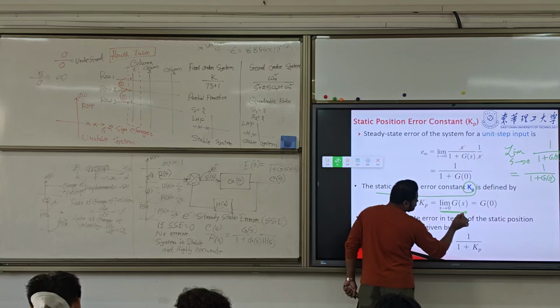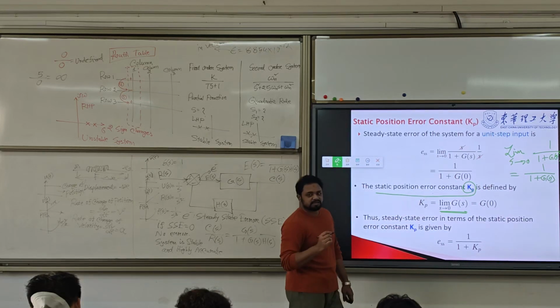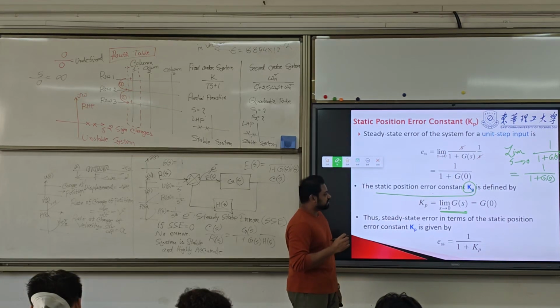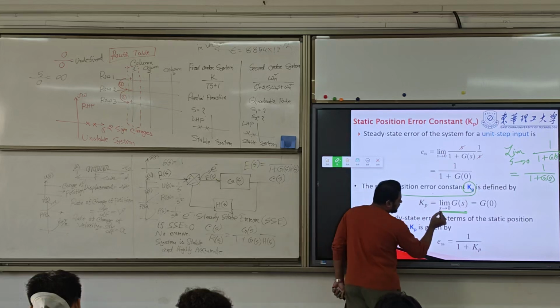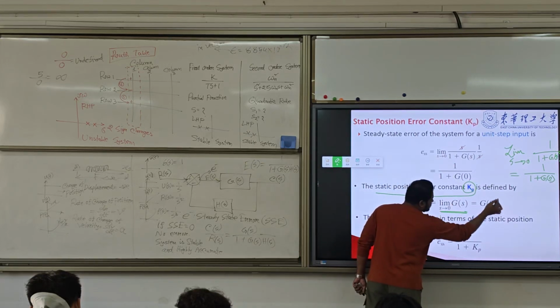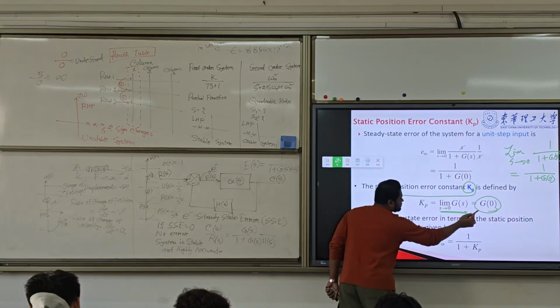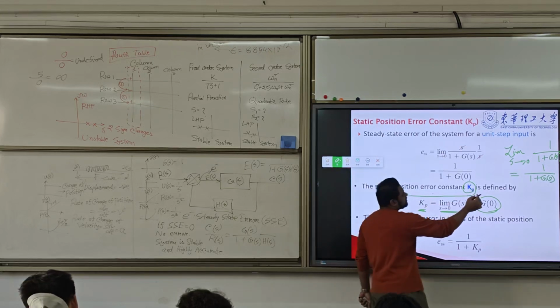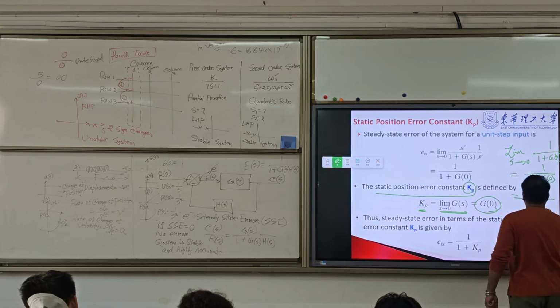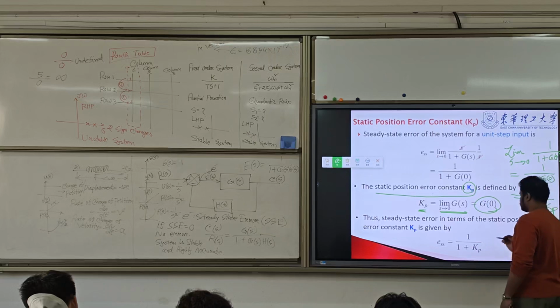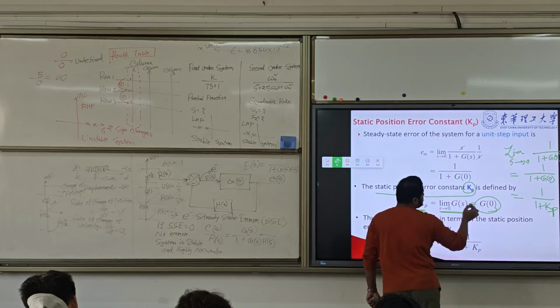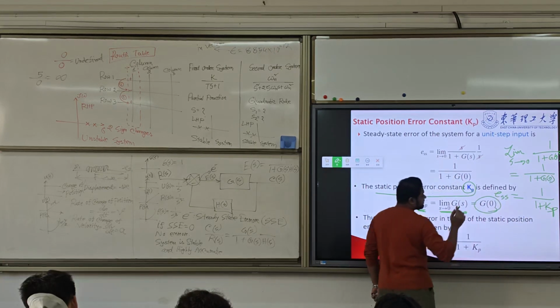This is the static error constant for the position, static position error constant Kp. So put this as 0 here. You will get G(0). That means this value equals Kp. That means here you can write 1 plus Kp. This is your ESS, steady state error.